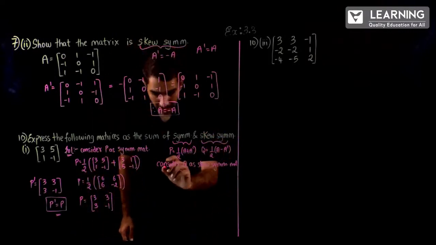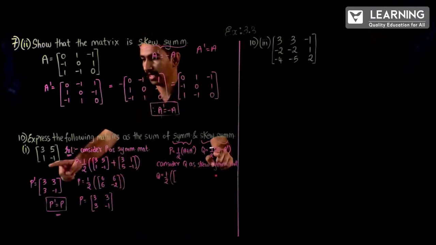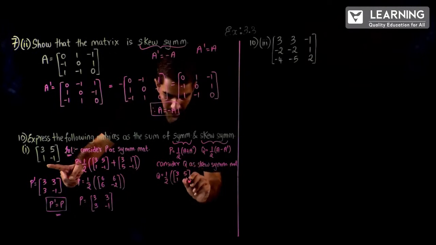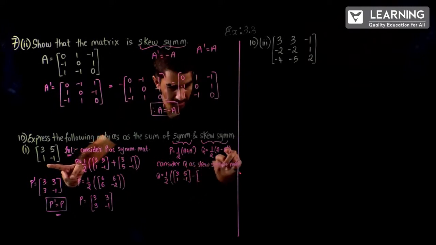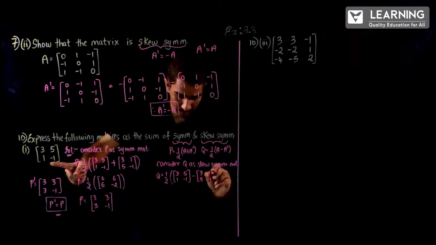So Q equals 1 by 2 of A minus A dash. What is A? A is nothing but this one only: 3, 5, 1, minus 1. Minus A dash, the transpose of this, which will become 3, 5, 1, minus 1.